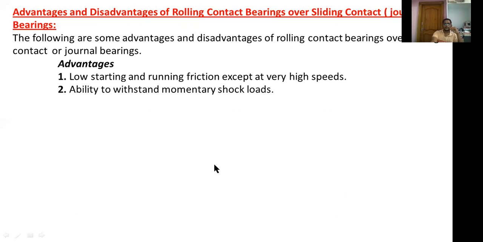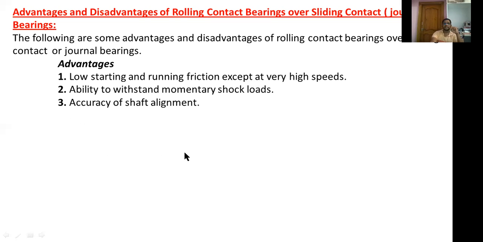And the ball bearings or roller bearings have the ability to withstand momentary shock loads, so they can resist shock loads or fatigue loads.